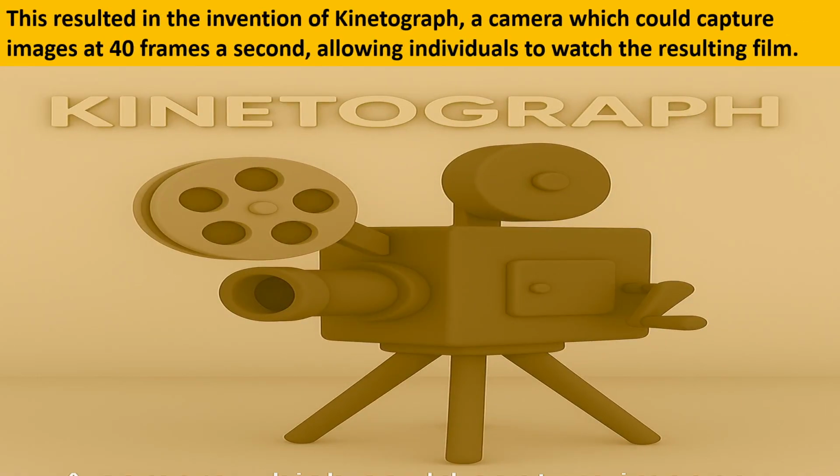They had a camera, but they needed a projector for showing those moving pictures. This resulted in the invention of the kinetograph, a camera which could capture images at 40 frames per second, allowing individuals to watch the resulting film.